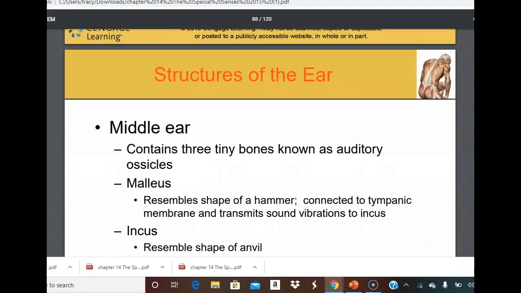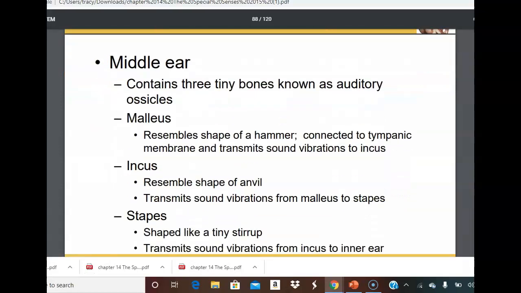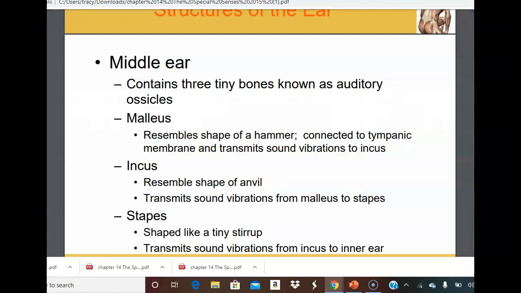The middle ear encompasses the tympanic membrane. And then the tympanic membrane is attached to 3 tiny bones called the ossicles. These are also called the auditory ossicles. They are named for their shape. The malleus is the one that is attached to the eardrum. The incus is the next one.